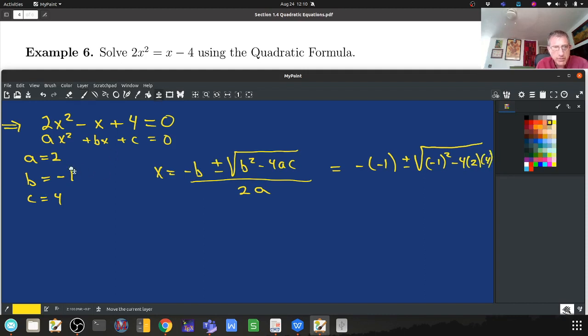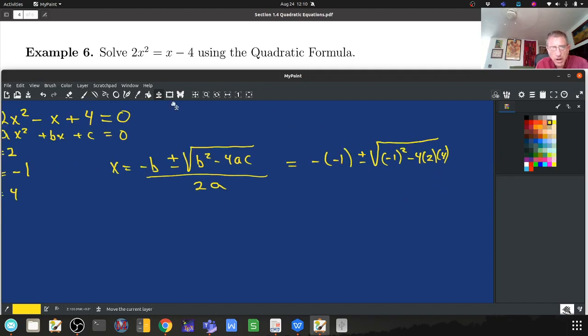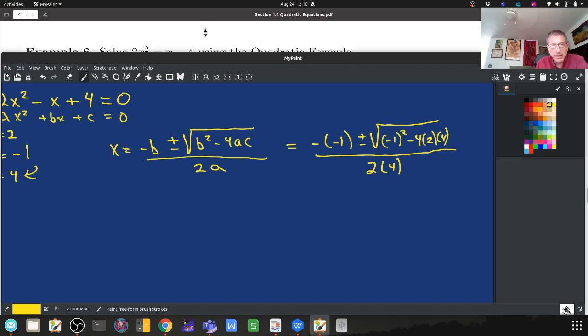Give myself some room here. All of this is going to be over 2 times 4, because my a is 4. It's right there. So let's go about simplifying.